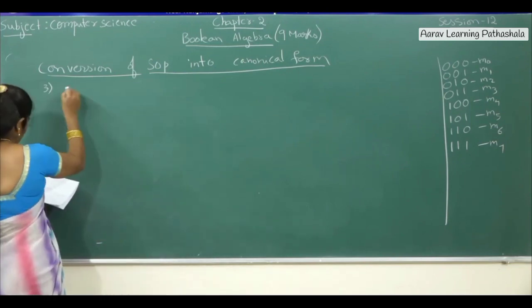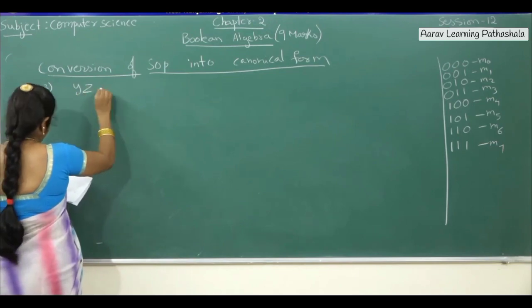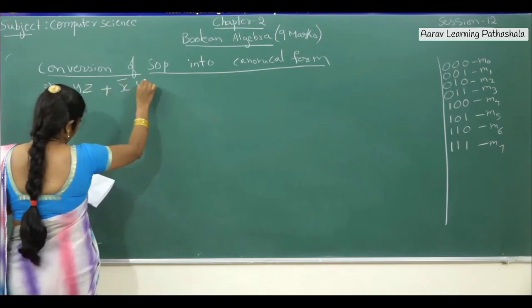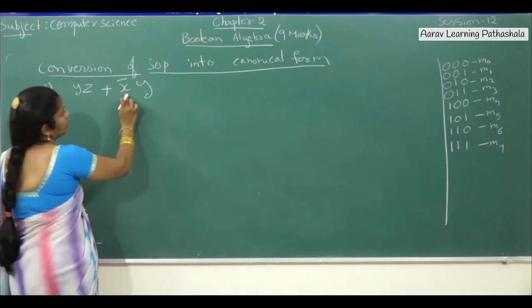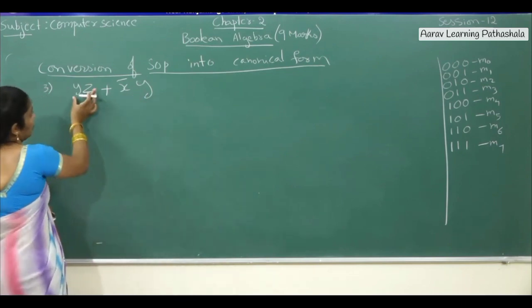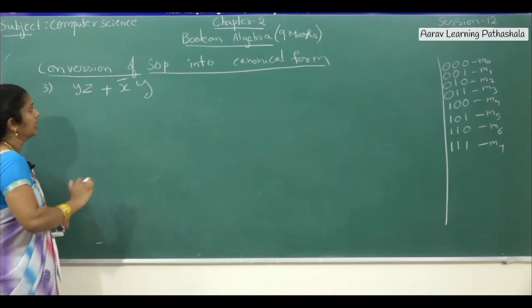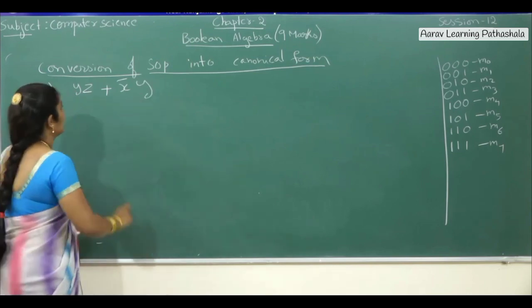Consider we have the expression yz plus x bar y. In the first part, x is missing, whereas here z is missing.